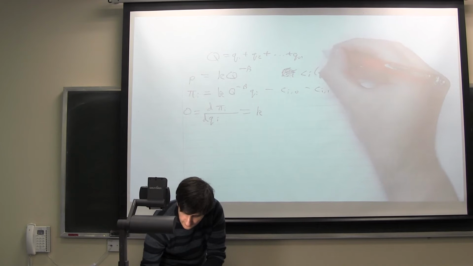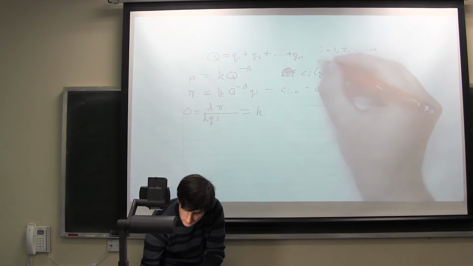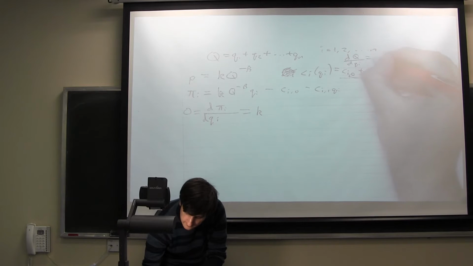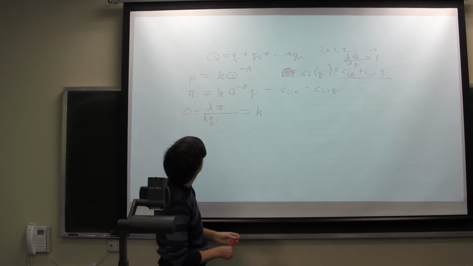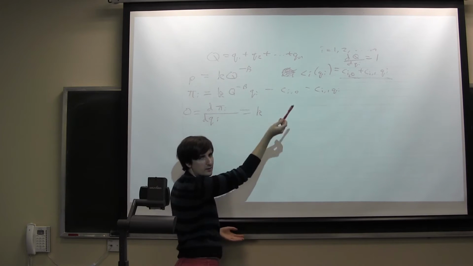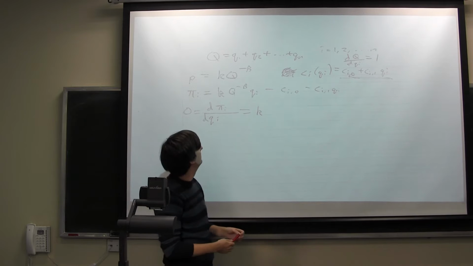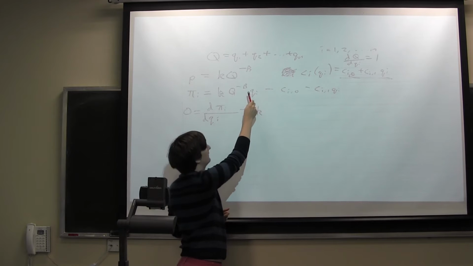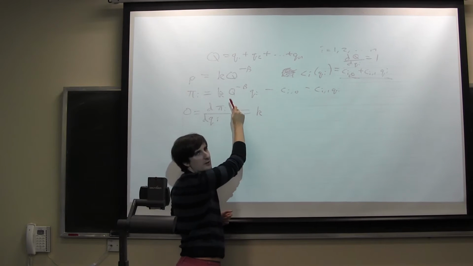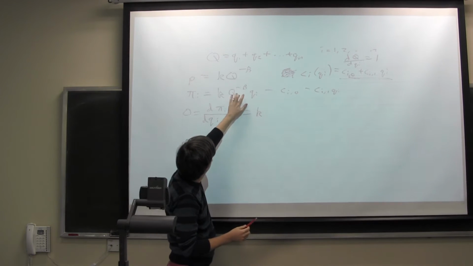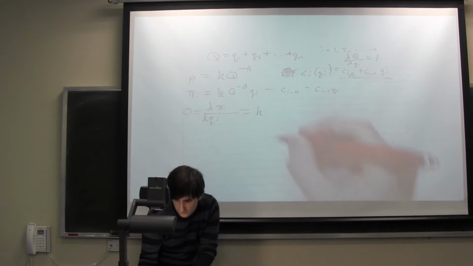So for any i in 1 to n, the derivative of big Q with respect to q_i is going to be equal to 1. Because the derivative with respect to Q2 is 1, derivative with respect to Q1 is 1. So when we're taking the derivative of this thing with respect to q_i, it's just the same as taking it with respect to big Q. So the first thing we want is the derivative of this with respect to big Q.